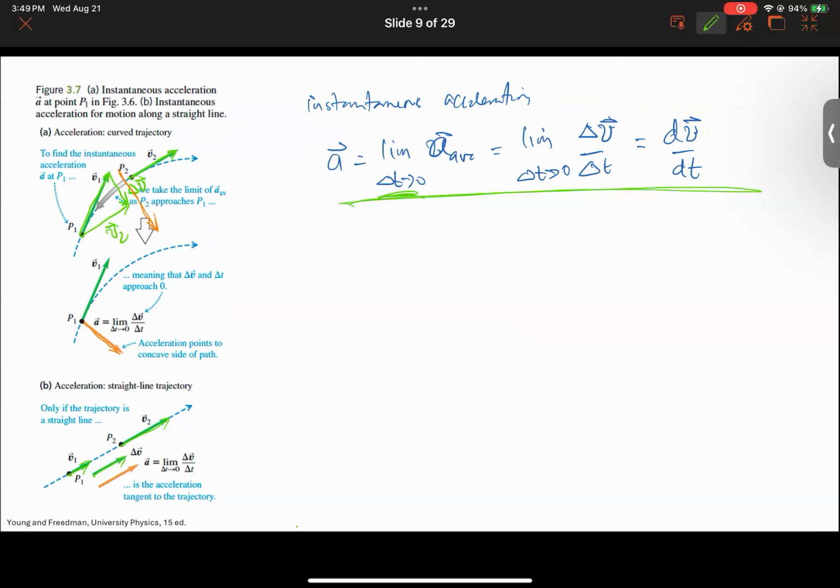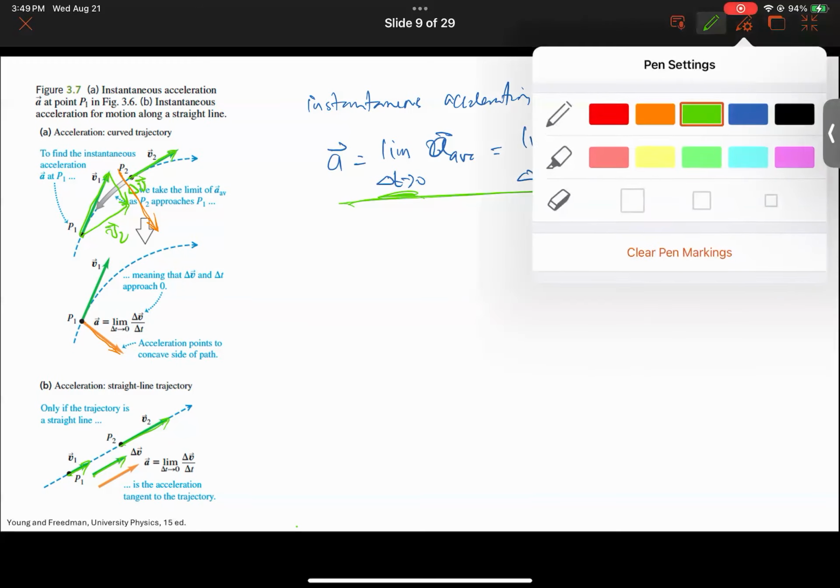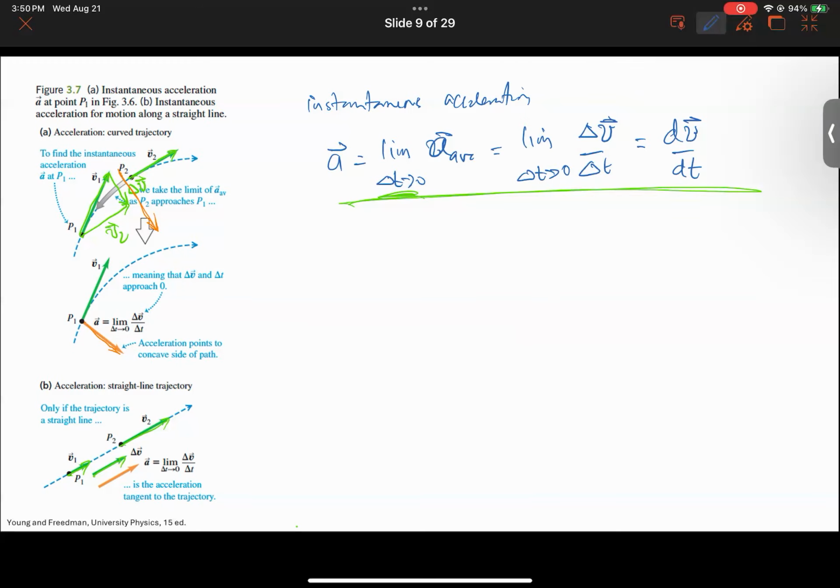Okay, so anong mapapansin natin dito? Anong magiging conclusion din natin dito? When do we have acceleration? So we have acceleration if there's a change in the velocities, and we also have acceleration, okay, if there's a change in direction.